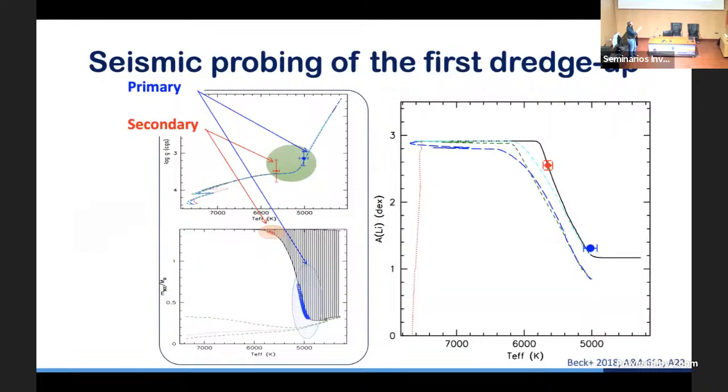So those are the measurements of the lithium as a function of the effective temperature, which is an evolutionary proxy. The different colors are different evolutionary models, assuming different rotation histories.